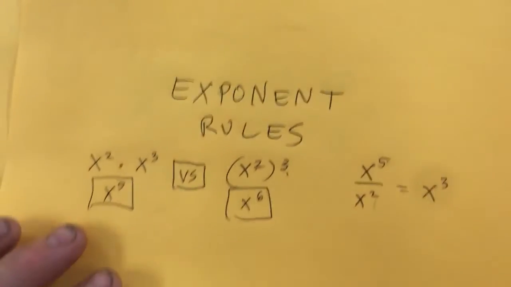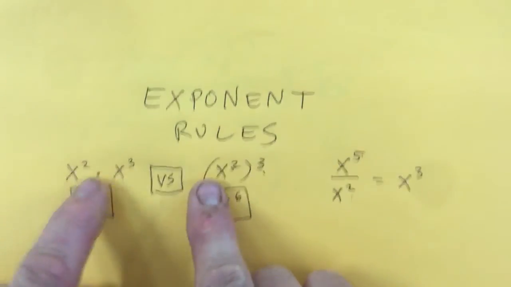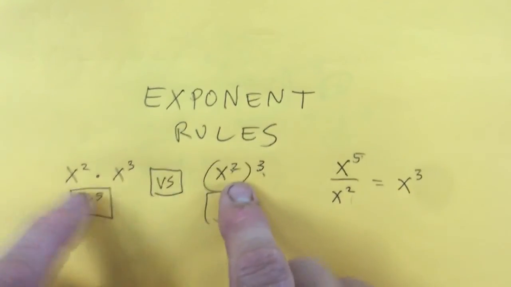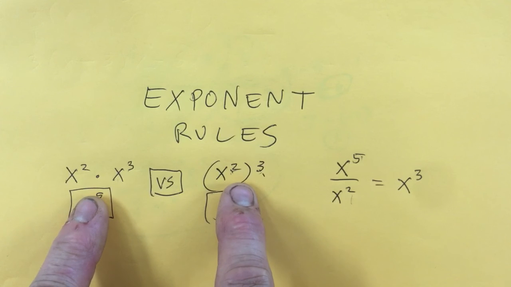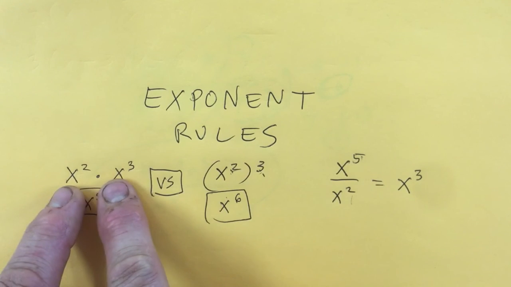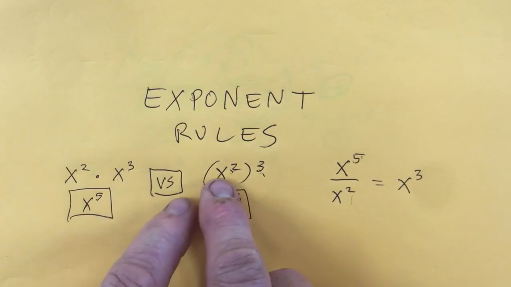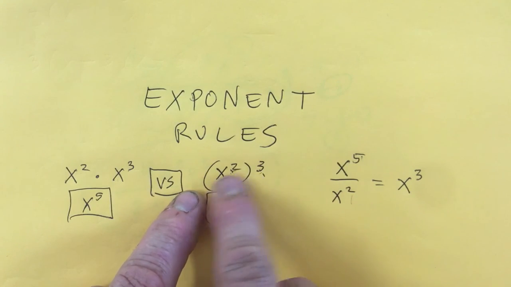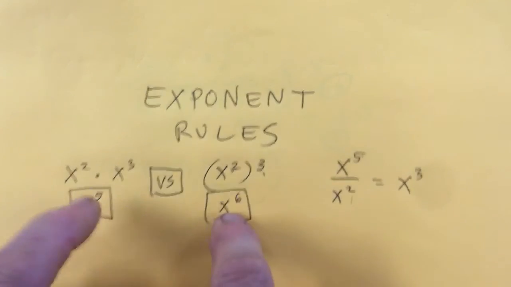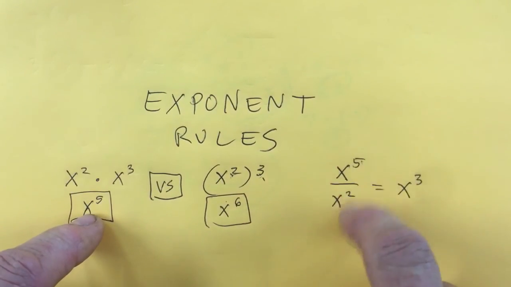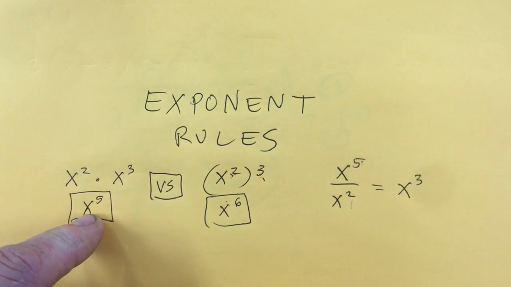Here's my rules. And these right here are the ones people get mixed up all the time. You got to watch out for these right here. When you have two variables, each with an exponent, you add them. But if you have one variable with two exponents, you multiply those. That's the ones you got to watch out for. And then when you divide exponents, you subtract them.